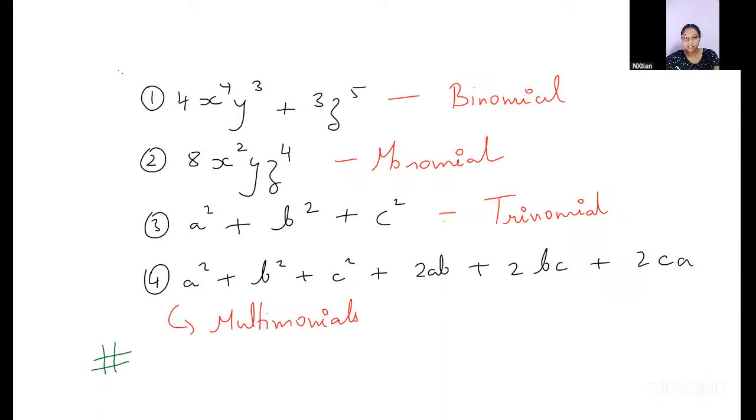In general, expressions with two or more terms are called multinomials. Okay, so it can be two terms also, but for two we use bi, for three we use tri. Then two and three can also be called multinomials. That's what is mentioned. So after three you can always put multinomial. Any number of terms you can put multinomials.